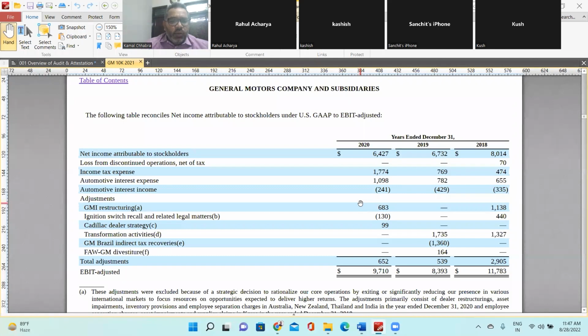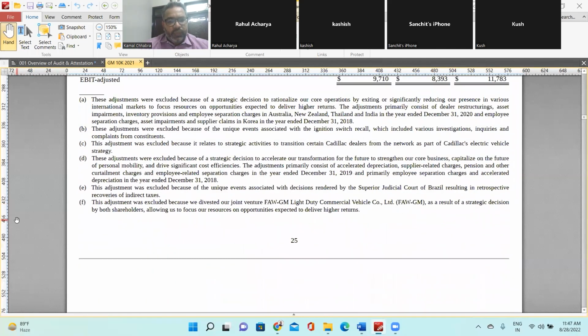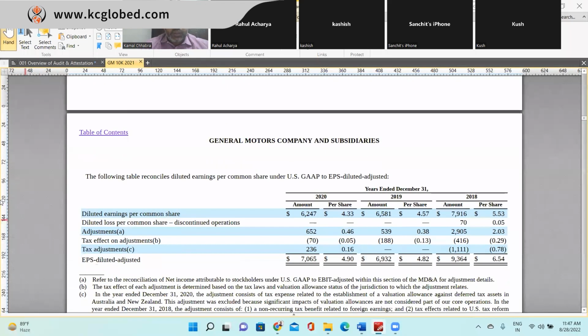So here you need to ensure this data is coming from the actual audited financial statements of the respective year, right? They're saying net income attributable to the shareholder. That means net income after tax has been coming here, right? So tax expenses, automotive interest income, automotive interest expense, then adjustments, and all those things. So all this information should be coming directly from the audited financial statements.